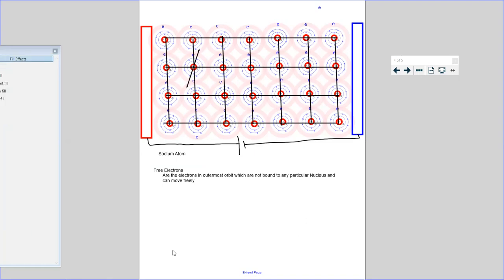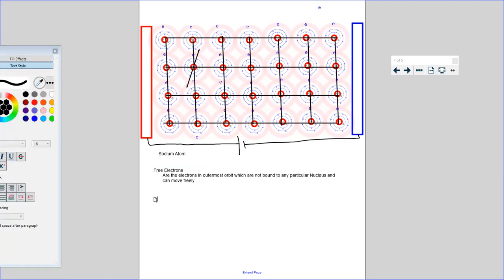This is the free electron thing which I've written. Okay, the next thing which I'm going to write is resistance, the origin of resistance. So what's the origin of the resistance? Collision of free electrons with the atoms in the lattice.